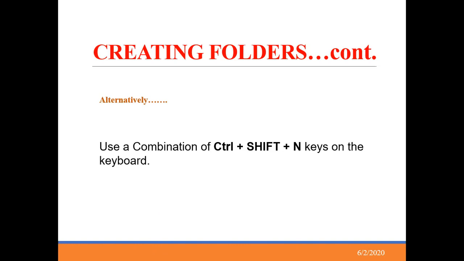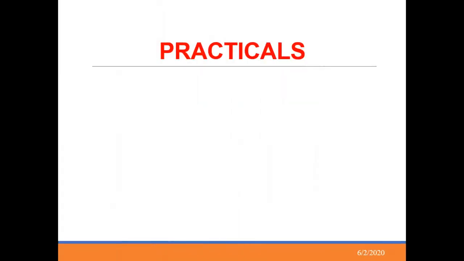If you want it to be on the desktop, you click on the desktop, and then you use this keyboard combination, the Control key, Shift key, and N. You press them all together, and then the folder will just appear the same way as when you right-clicked on the empty space. You then rename the folder to what you want. It's all based on your preference, and then your folder will be created. So here again, if you have access to a computer or a laptop, you are free to try it out on your own and give me the feedback.